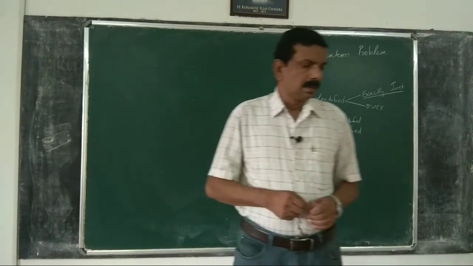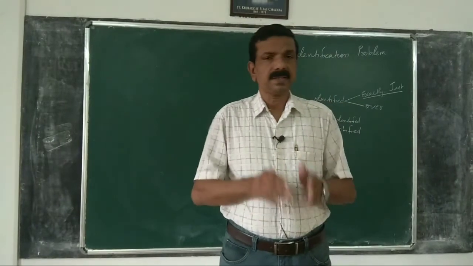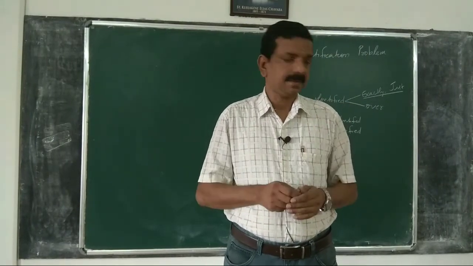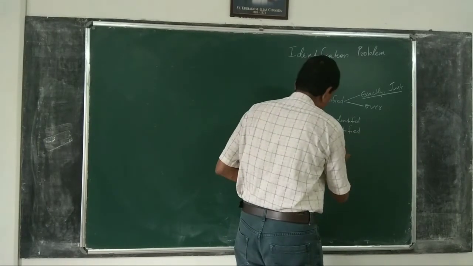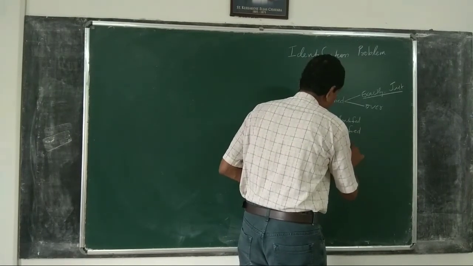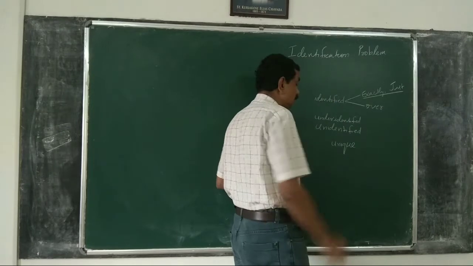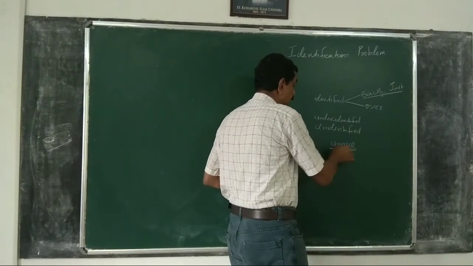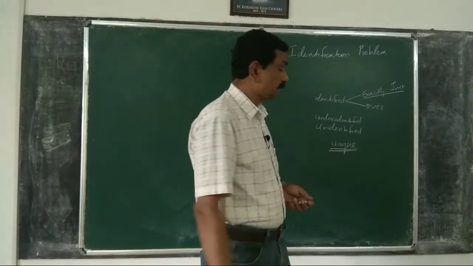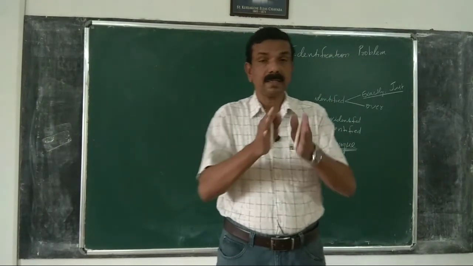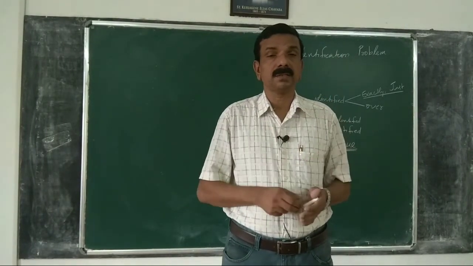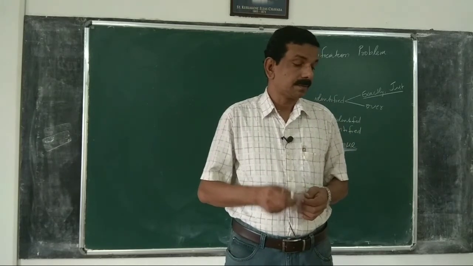Now, remember this. We say that an equation is identified if it has a unique statistical form enabling unique estimation of the parameters.